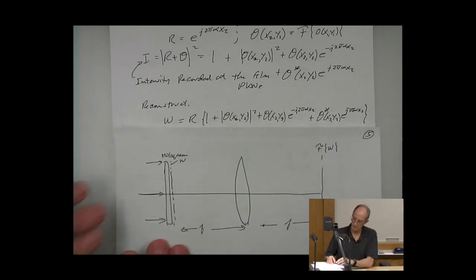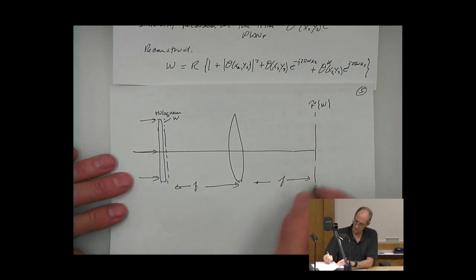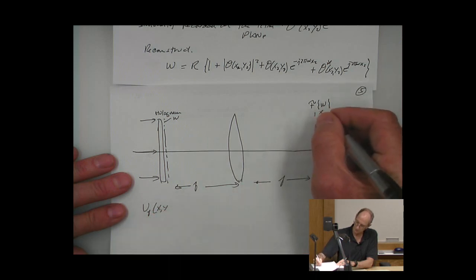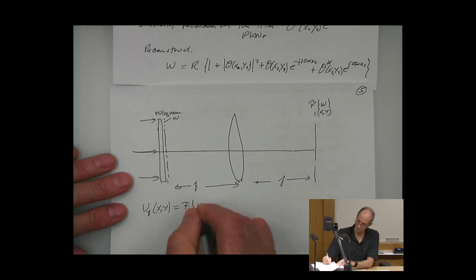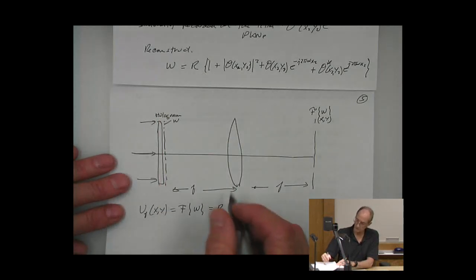Well, the field in this back focal plane, we'll call that U sub f of x, y, again the Fourier transform of W, that's going to be equal to this reconstruction field that we have, R, times the Fourier transform of each of these components.